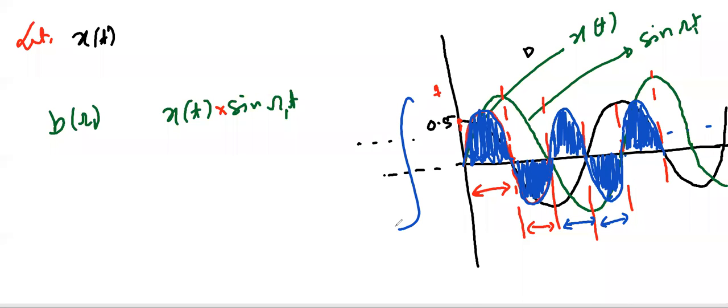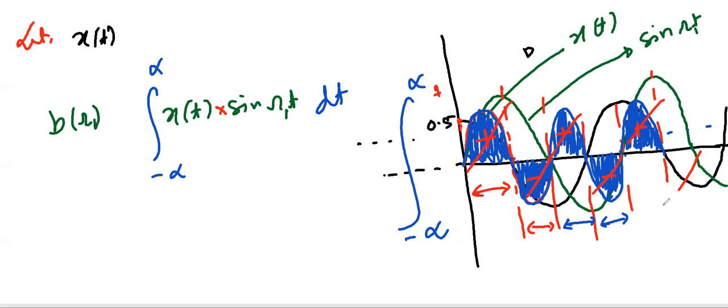Now, if you go for the integration from minus infinity to plus infinity with respect to time, of course, you can find that there's some positive and some negative, positive and negative, positive, and there will be some negative, and they will cancel each other. And ultimately, you can find that the B omega 1 is approximately 0, exactly equal to 0 in hypothetical terms, but in practical terms, we can say that it is very close to 0.